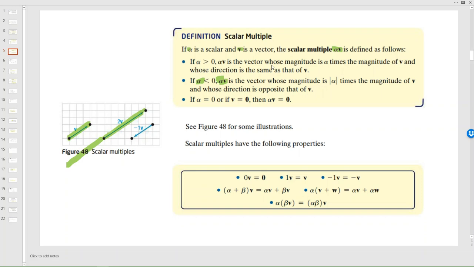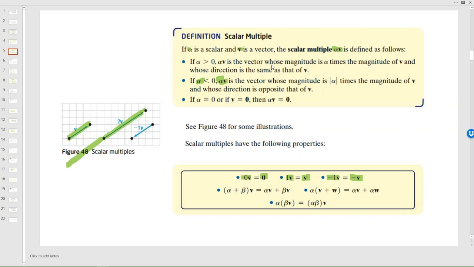So here are some examples of scalars that have a significant result. If I take 0 times a vector, I get the zero vector. If I take the scalar 1 times the vector, I haven't changed the vector. It's identical. If I take negative 1 times the vector, it would be the same as negative v. That's pretty obvious. If I take the sum of 2 scalars and multiply it by the vector, the distributive property works here in the sense that I can take alpha times v plus beta times v.